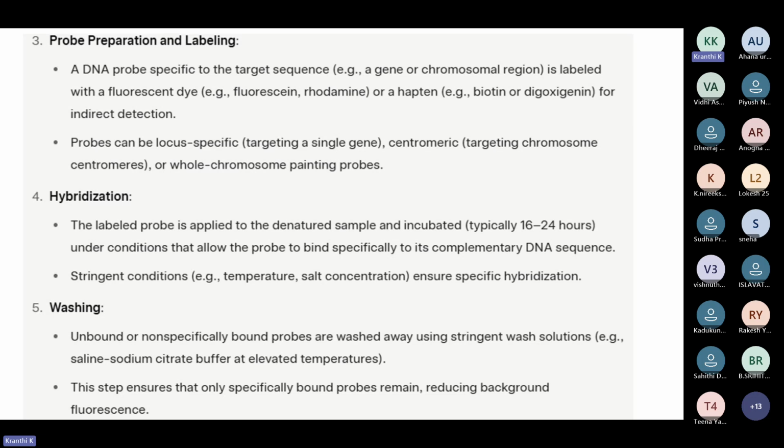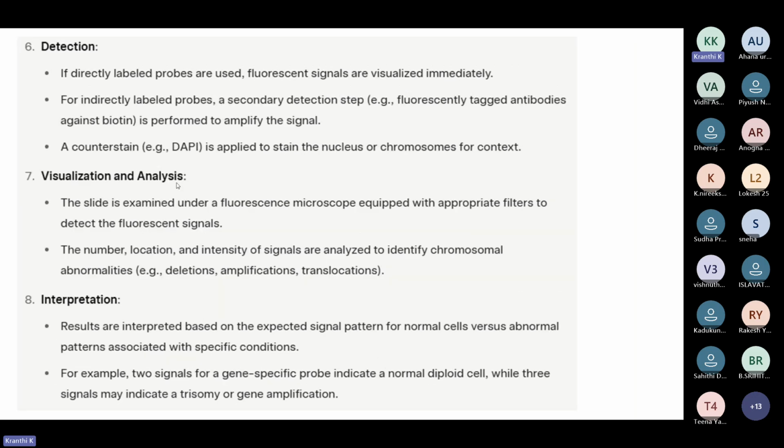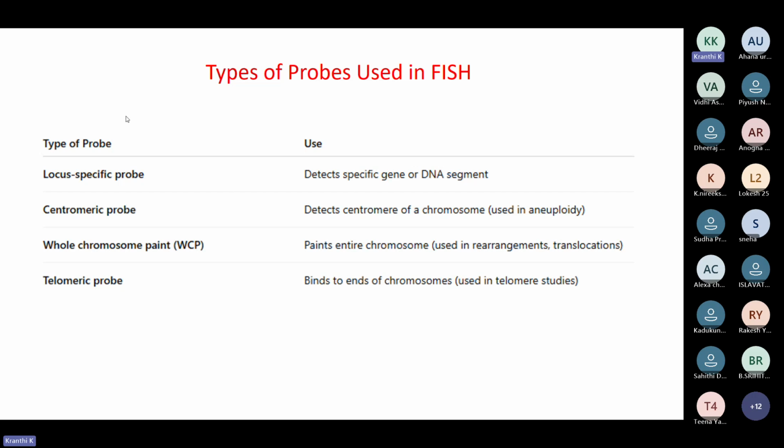Annealing means the complementary probe DNA binds to the actual DNA, right? Then later you wash it. Washing means unbound DNA probes will be washed off, right? Then after that, you detect it using fluorescent signals, with a microscope also. You visualize, and then you analyze and interpret.